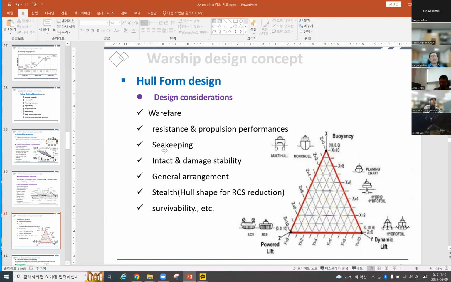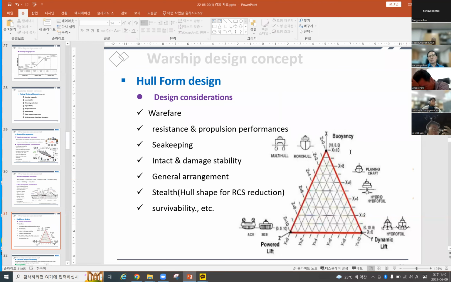For example, if a warship is inclined to 90 degrees, it can restore itself. Also intact and damage stability. Damage stability means that if the ship is hit by enemy missiles or guns, under the damaged conditions it still has to assure stability.